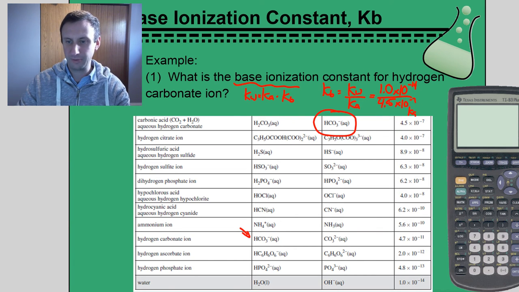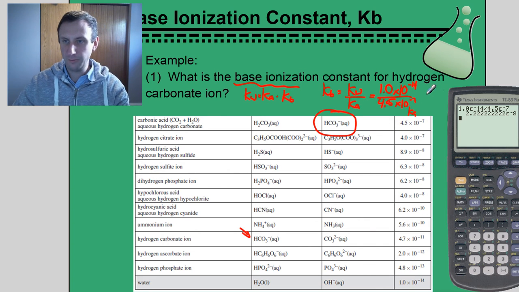I'm going to plug that into my calculator: 1.0 EE negative 14 divided by 4.5 EE negative 7. And I end up with an answer of 2.2 times 10 to the negative 8.